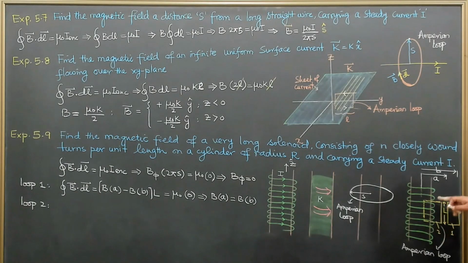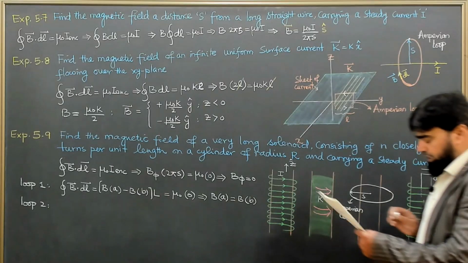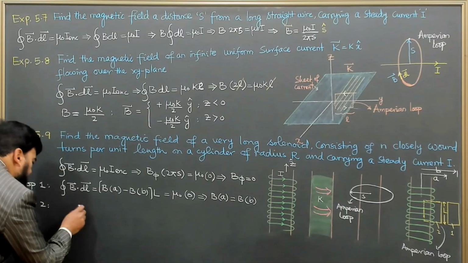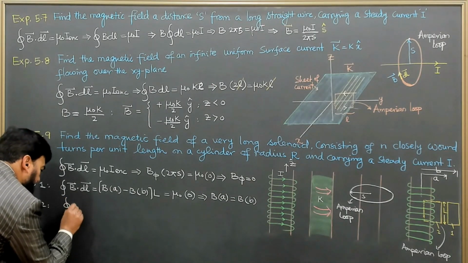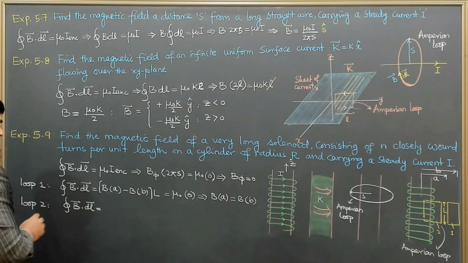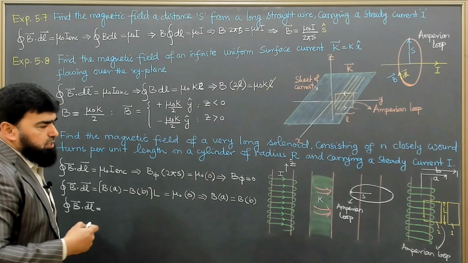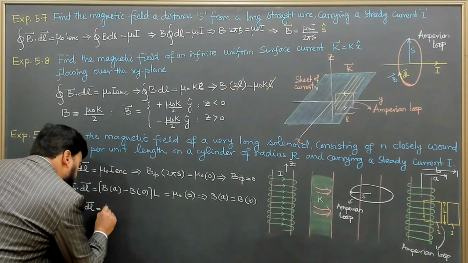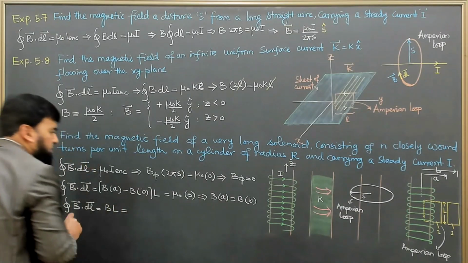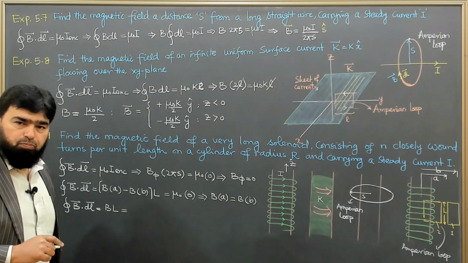So now coming back to loop 2, in loop 2 the loop is now going inside of the solenoid, and this is completing the whole loop. So it is enclosing some current, and I can write that B dot dl is equal to B, the value of the magnetic field, times L, which gives me the total length of this loop.